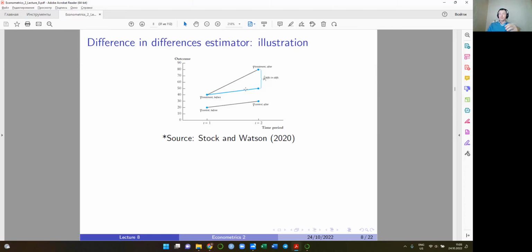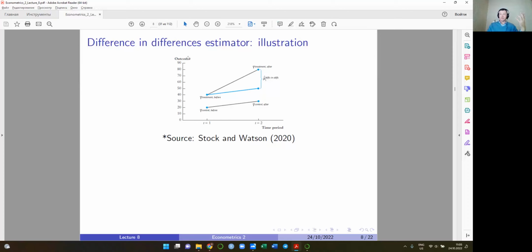If the treatment would not be implemented, then this group would end up here. Why do we know this? Well, because the control group ended up here. So for the control group, the change was plus 10 units for the outcome.